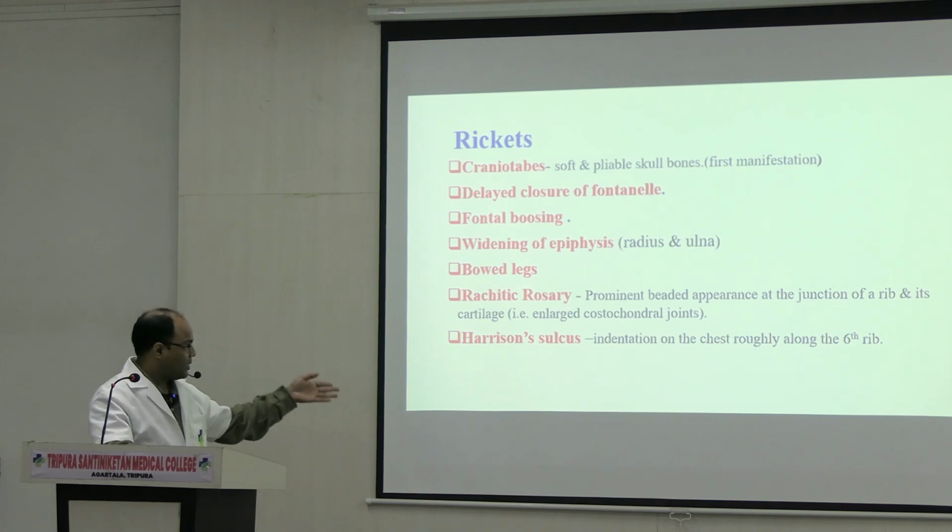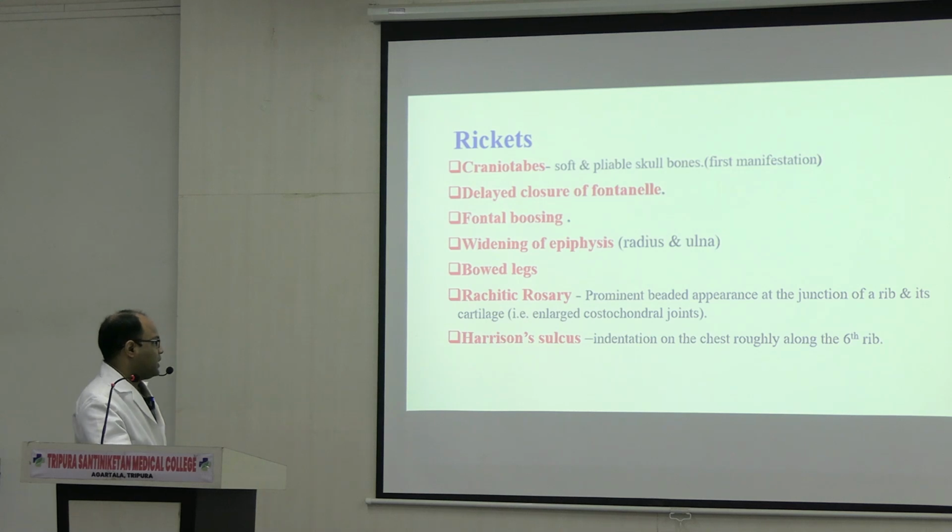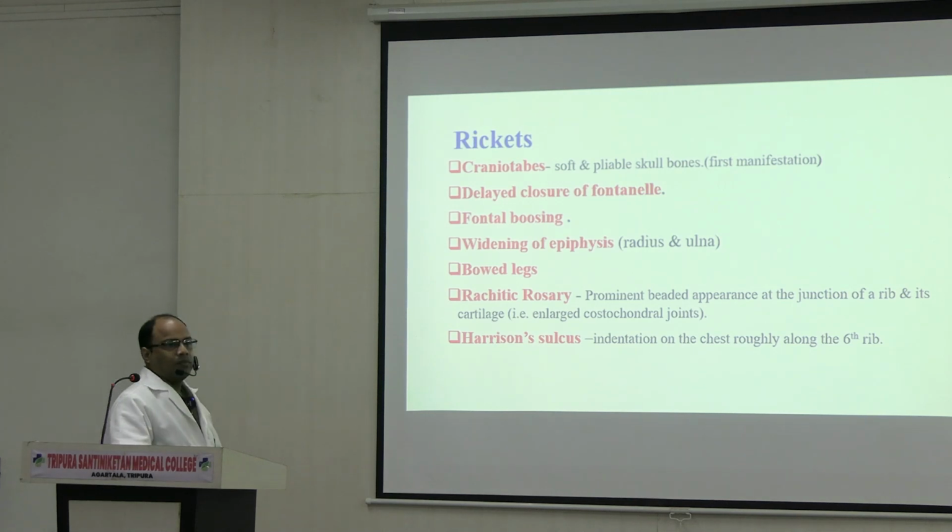I am telling you, coming later. These two are very important: rachitic rosary and Harrison sulcus. In your MCQ, PG entrance exam, and later examinations, we may ask this kind of question.